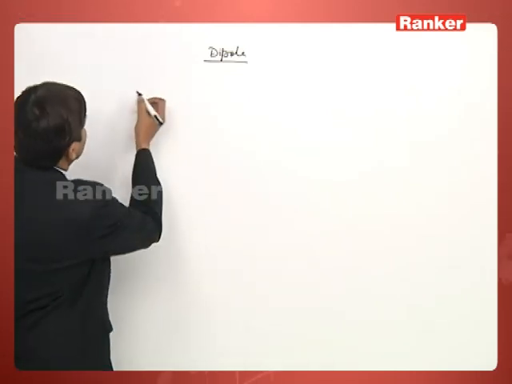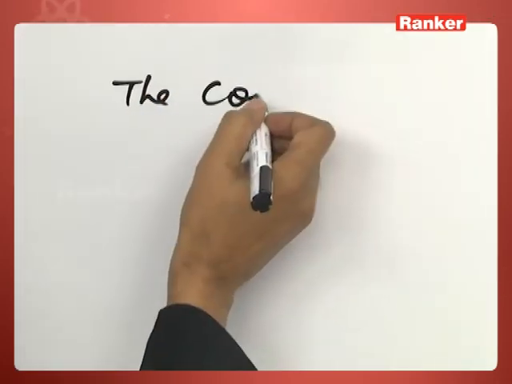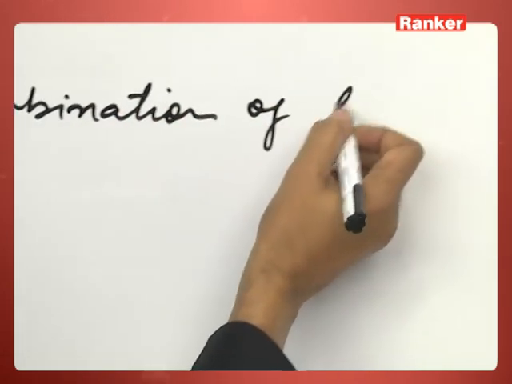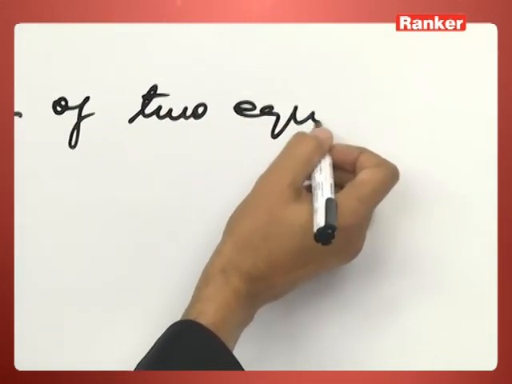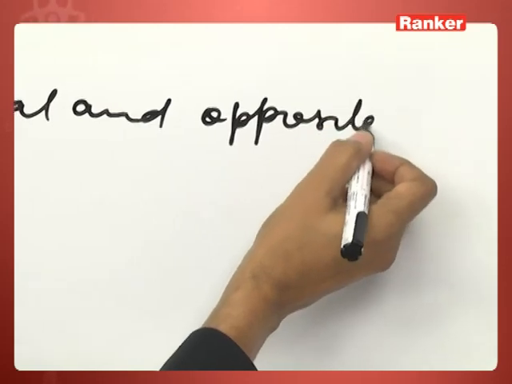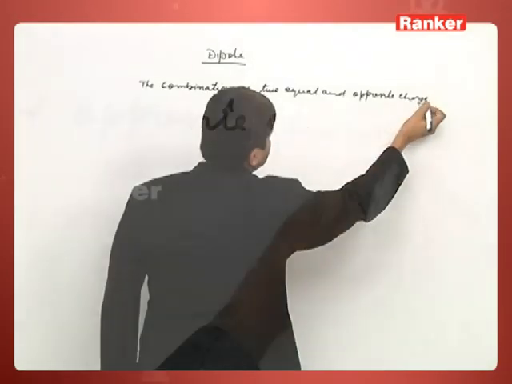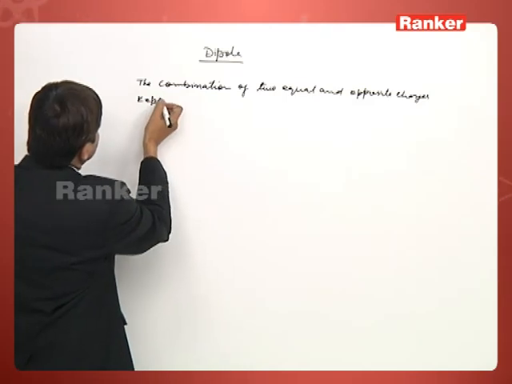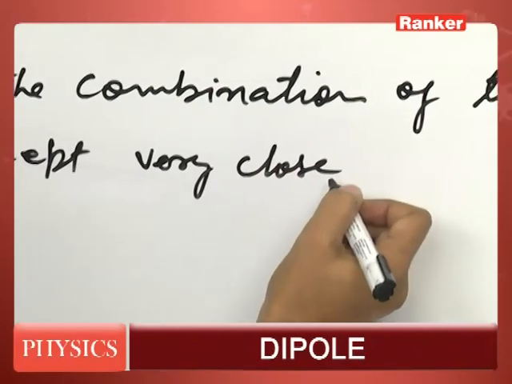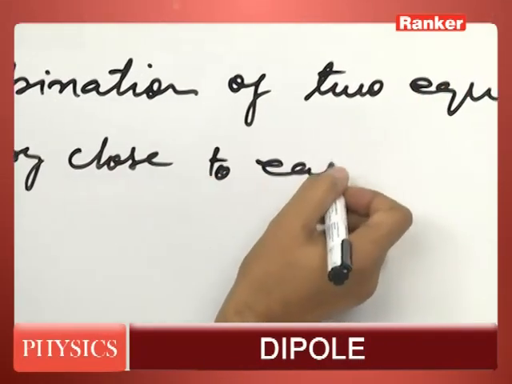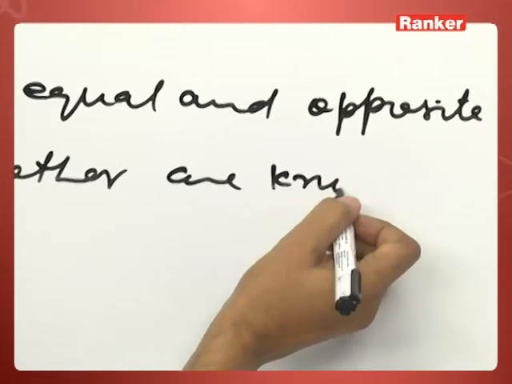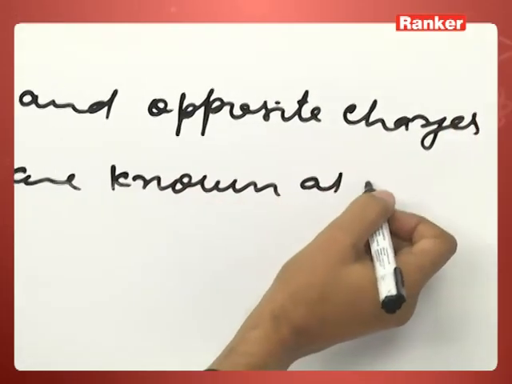The combination of two equal and opposite charges kept very close to each other are known as an electric dipole.